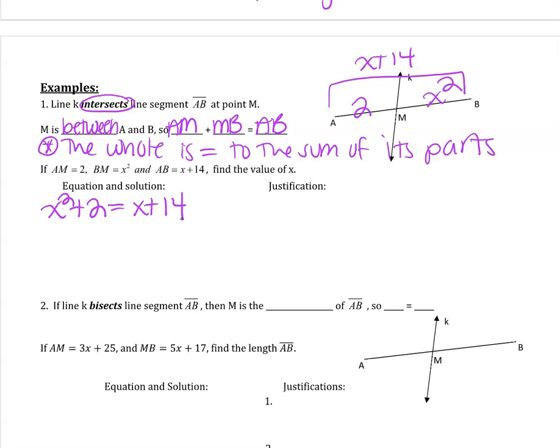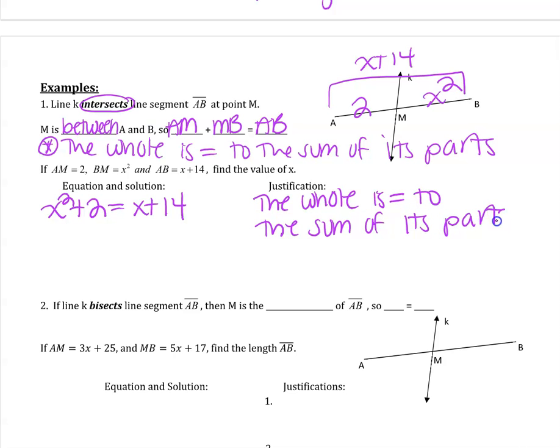This is what's leading us into proofs in the coming unit. I knew that M was between A and B, so I could do part plus part equals whole. So my justification would be the whole is equal to the sum of its parts.